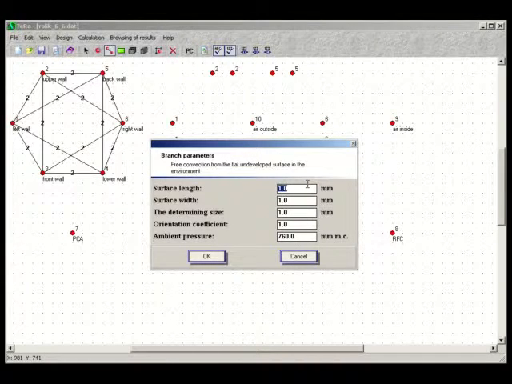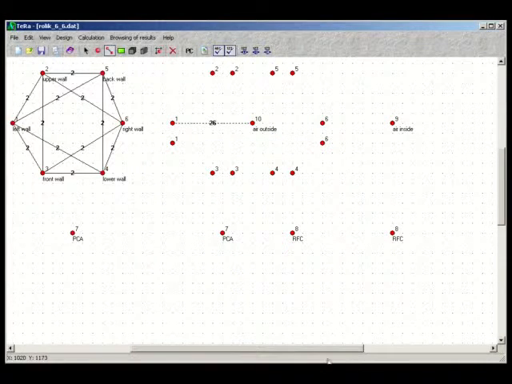Parameter of the branch of the left wall: surface length 300 mm, surface width 200, determining size 300, is taken from the reference book. For vertical plate, factor of orientation is 1, also taken from the reference book. Ambient pressure 760 mm. Similarly, we connect all the rest walls of the case to block 10.